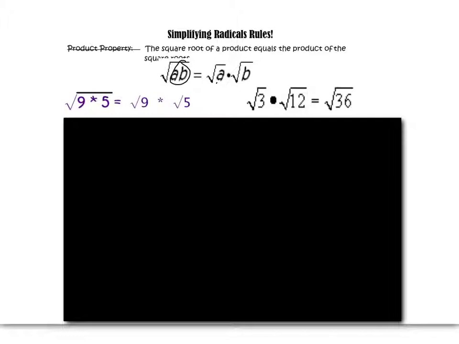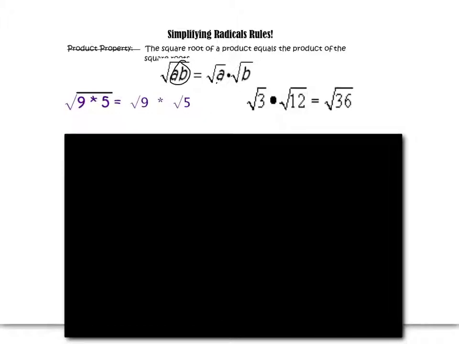So, if you're working with the square root of 9 times 5, which is 45, you could reduce that down into the square root of 9 times the square root of 5. The square root of 9 being 3 times the square root of 5, which can't be reduced.